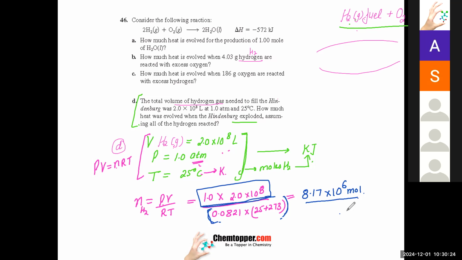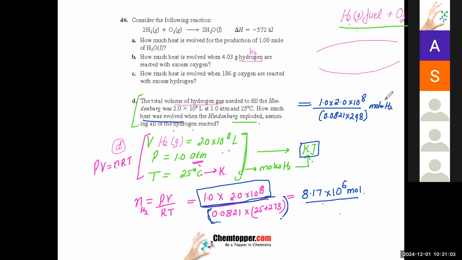Okay, good. So these are the moles, but they are not asking the moles of H2. What are they asking? Kilojoules. So you can do this question like this. The energy which they are asking, how much heat is evolved, is 1.0 times 2.0 times 10 raised to power 8 over 0.0821 times 298 moles of H2, which we calculated also.